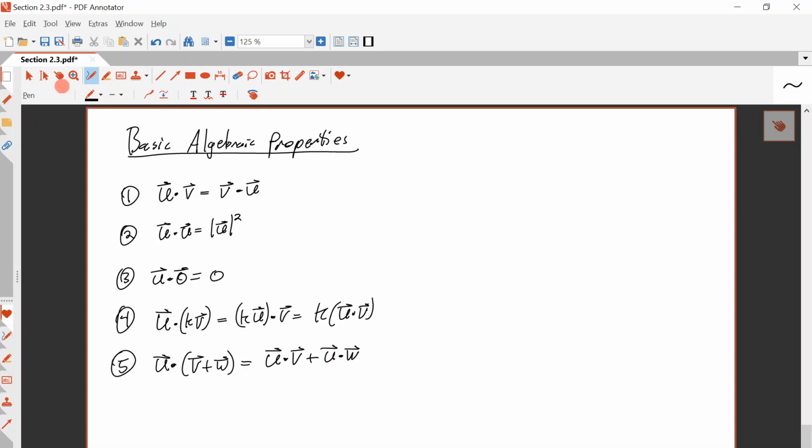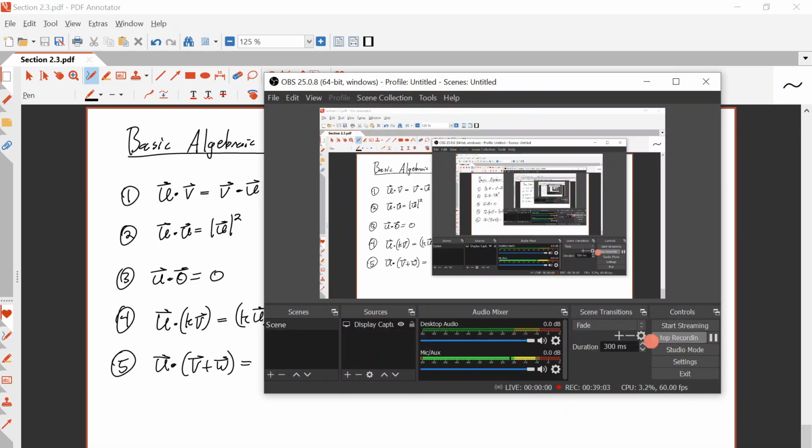So the dot product, just like ordinary product, distributes over vector addition, just like ordinary products distribute over ordinary addition. Okay, so some nice algebraic properties of the dot product, and this one is important as well. Okay, all right, so that is the end of the lecture on this section.